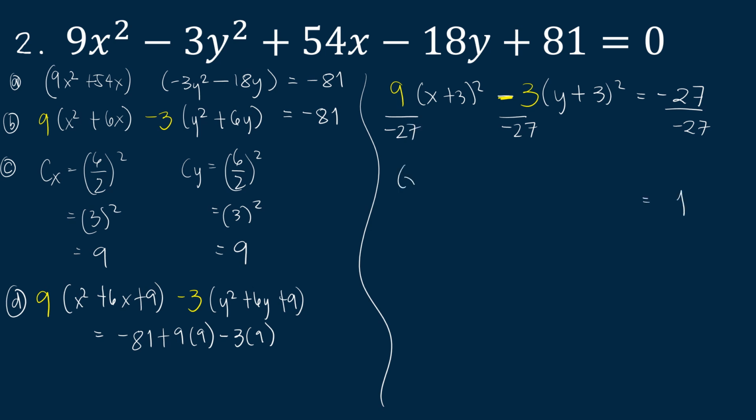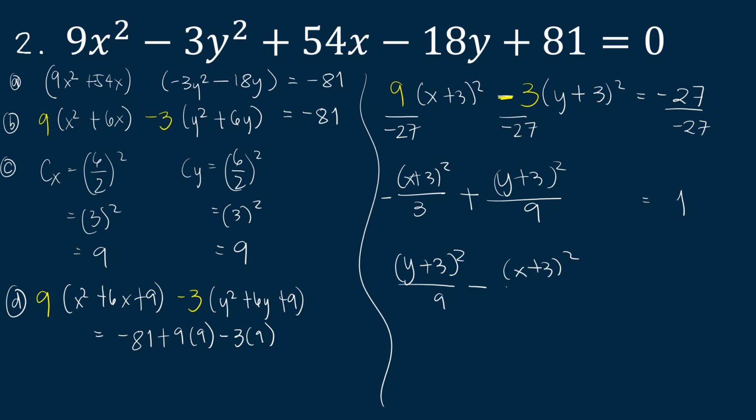And that will result in x plus 3 squared over negative 3 plus y plus 3 squared over 9. So you can see, the negative came first, just switch their positions, so y plus 3 squared over 9 comes first, minus x plus 3 squared over 3 is equal to 1.